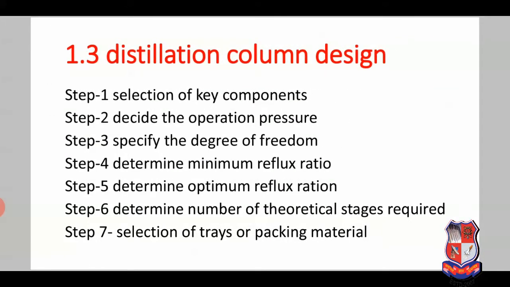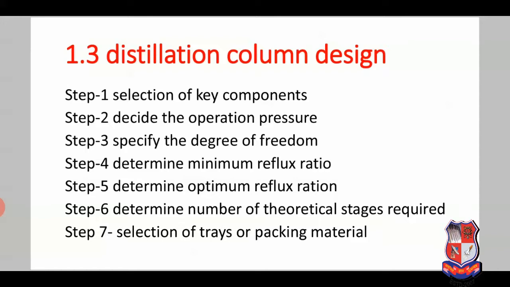Next, now we will discuss distillation column design. There are 10 to 14 steps in distillation column design. First is selection of key components. As we know, there are two components in a liquid mixture and we need to separate those two components, or it may be possible that there are more than two components.